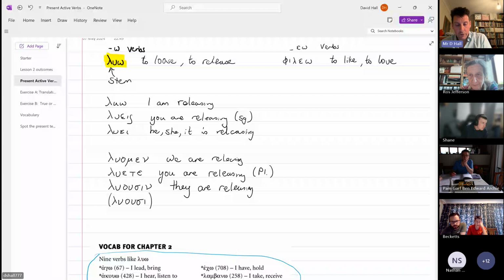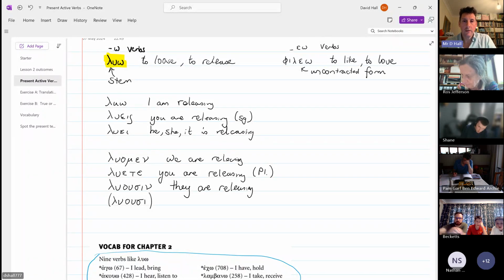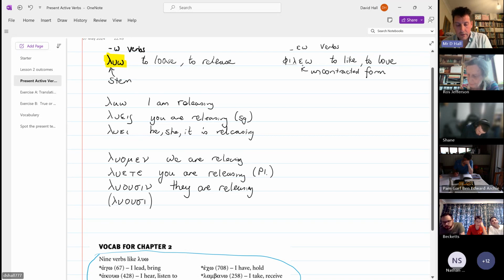So philo, first of all, it's given in the root as its uncontracted form. Now, what that means is that you're never going to see that word written down in the Greek New Testament. It doesn't get written with the epsilon in it, because what happens is you take the stem, which is the first four letters, and you combine it with the omega part of the ending that you want, then the epsilon omega actually contracts into just an omega.